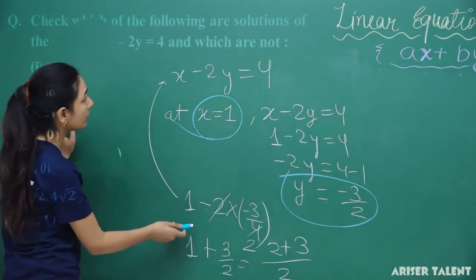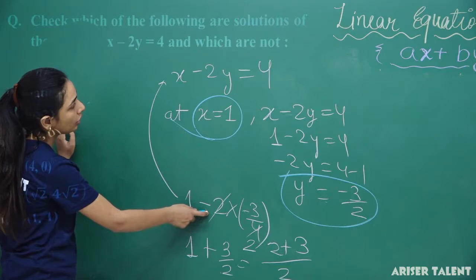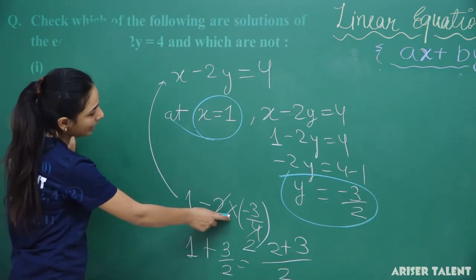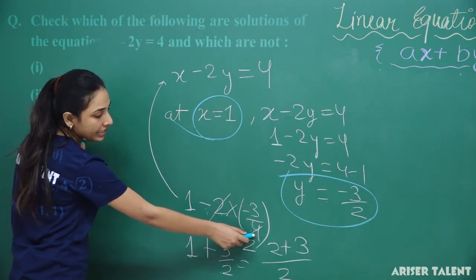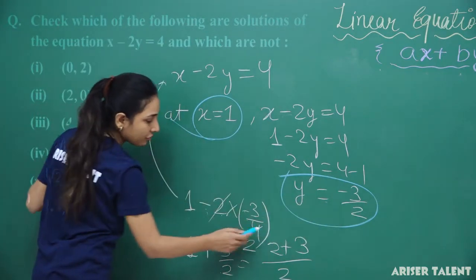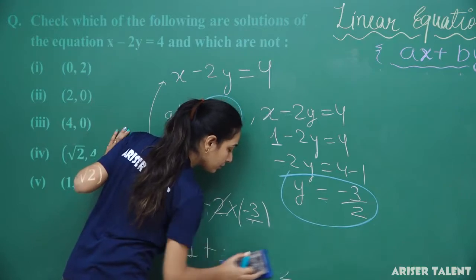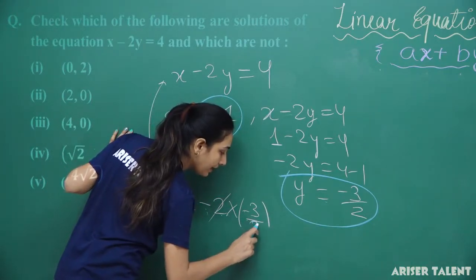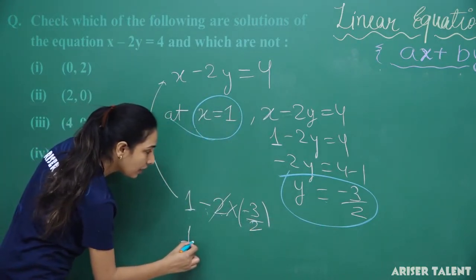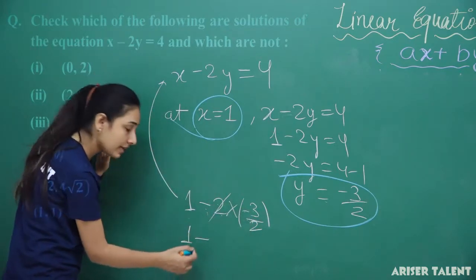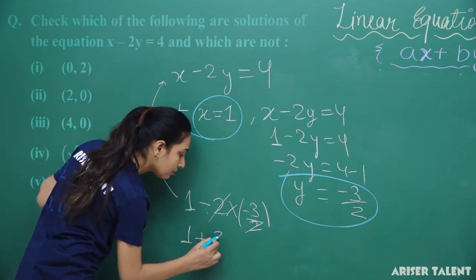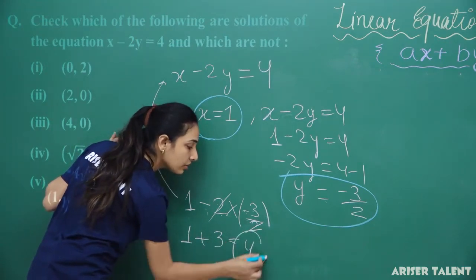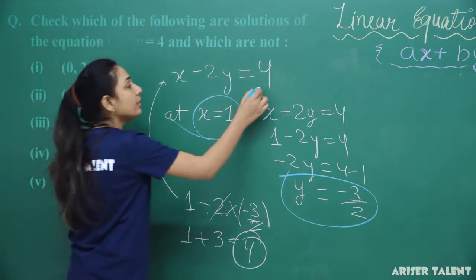Then x equal to 1, that is 1 minus 2 multiplied by minus, okay, this is 2 here. We have taken this value wrong, that is minus 3 by 2. Okay. So, do it by 3 by 2. So, that will be 1 minus minus is plus, now 2 is cut by 2. So, nothing remains, that is 3. So, that will be 4 again.